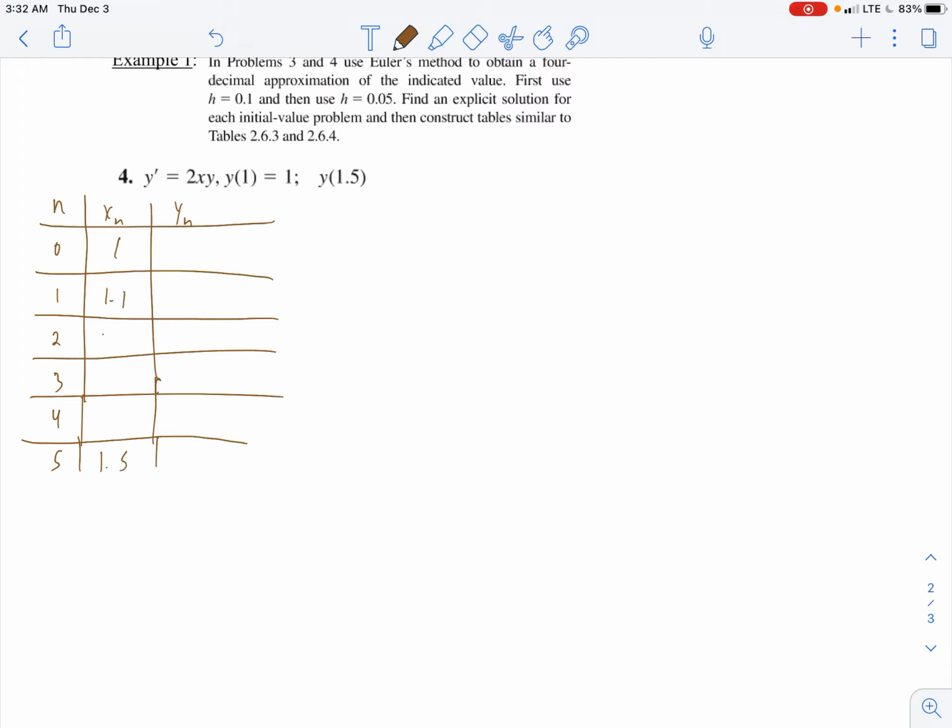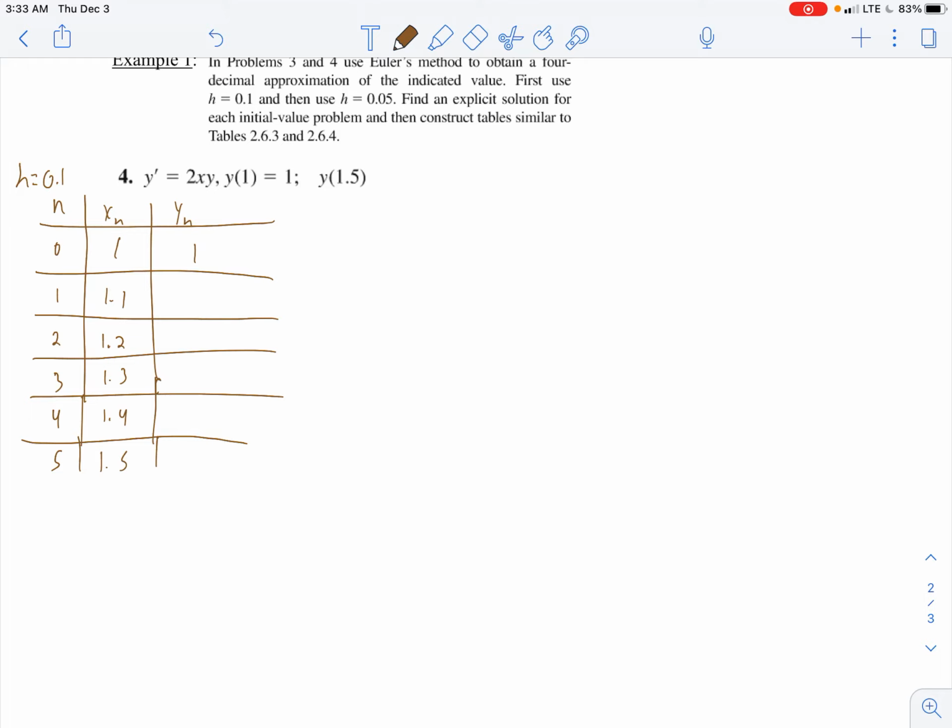So we're going to have a 1.1, 1.2, 1.3, and 1.4, because our first h is going to be 0.1. Alright, so this is when our h is equal to 0.1. Now, our initial y sub n, so this is going to be y sub 0, which is just 1. So we don't have to worry about that.